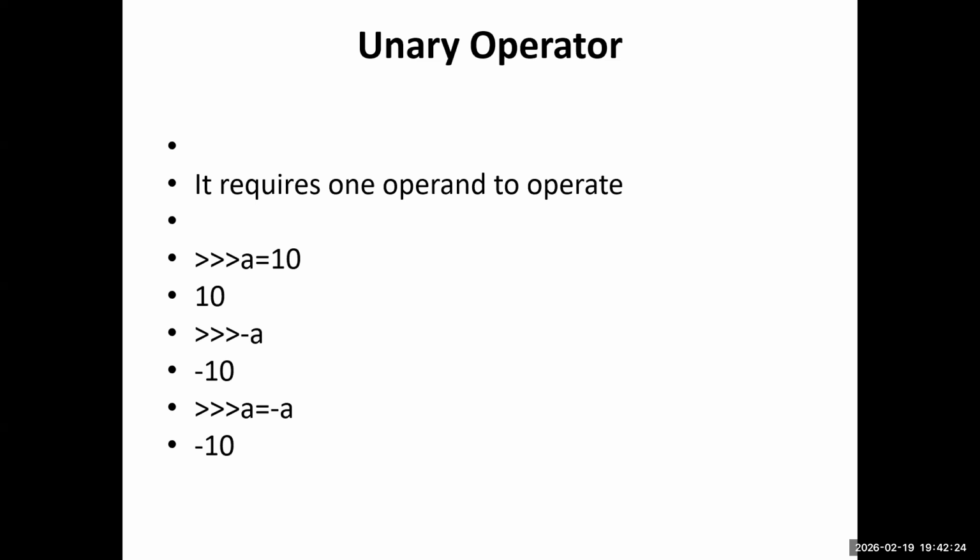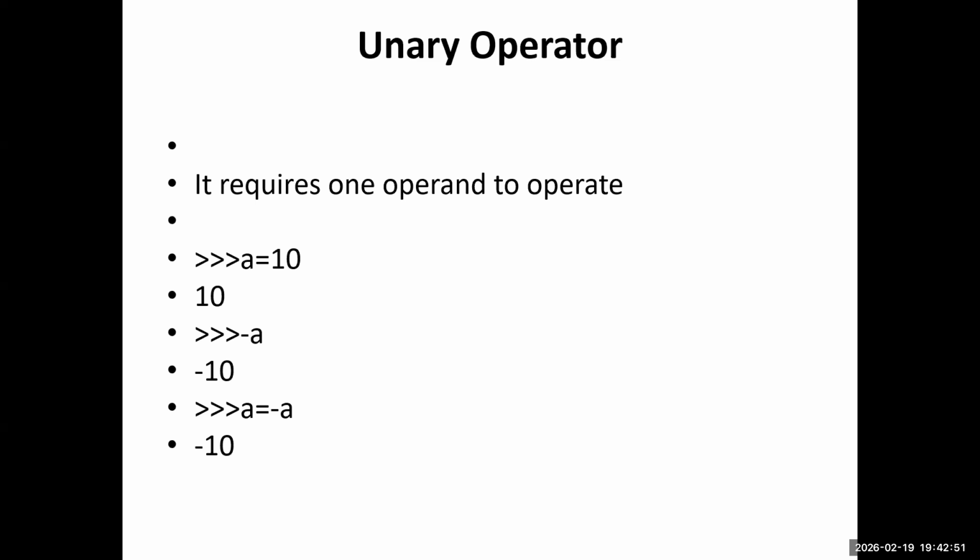Here I have given one example, a equal to 10: 10 is input and a is output. If you want to perform the expression a equal to a plus 1, you must get the input value a, then it will be incremented by 1.